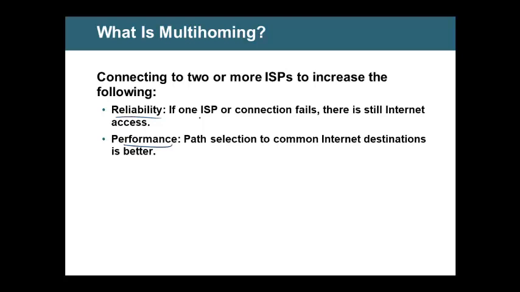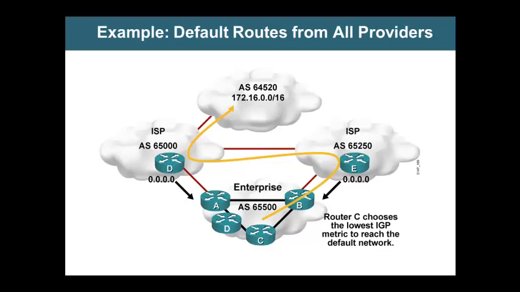Okay, now what is this? In the real world, whenever you have multi-homing, you may have a default route given by the ISP. To reach E, C thinks that if I go via B, because B is the gateway, I can go to E, which is giving a default route.